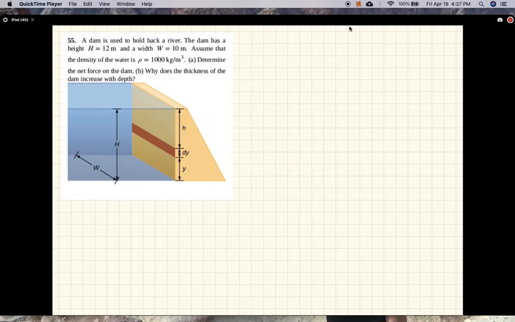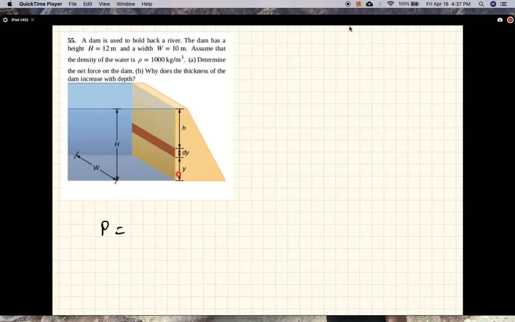Okay, so you saw that at the top of the dam the pressure is atmospheric pressure P0, and as you go deeper in the water the pressure increases. The pressure as a function of depth is given by, all right, so we'll use this notation.